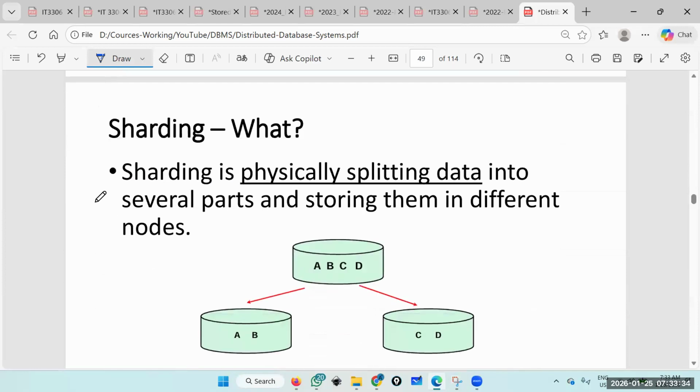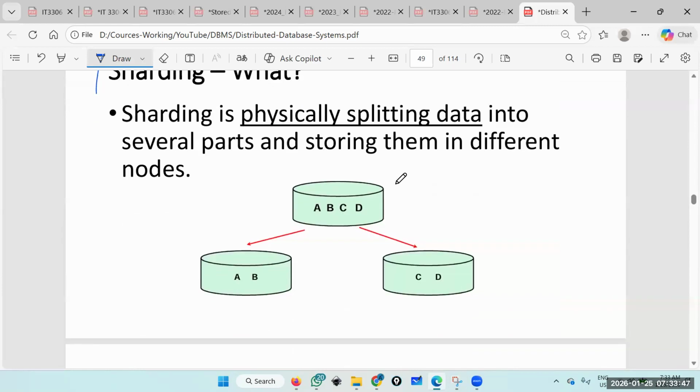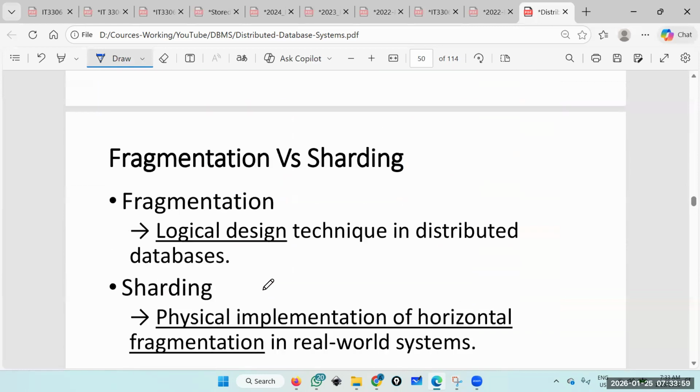Okay, so sharding is basically physically splitting data into several parts. Now this concept is actually looking at the same thing from a different point of view. So basically this is another way of looking at partitioning, sorry, fragmentation: physically splitting your data into different parts or different sites.